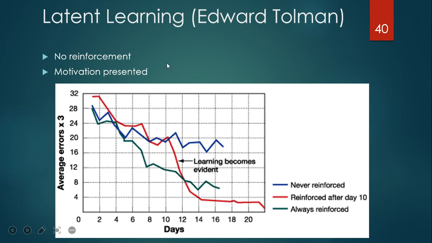There wasn't any obvious learning going on, but once there's some sort of reward available, we see that, okay, there was learning going on. It just wasn't obvious. That's latent learning, and that was put forth by a guy named Edward Tolman.